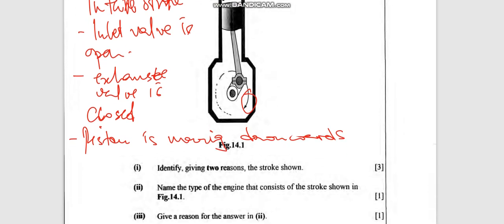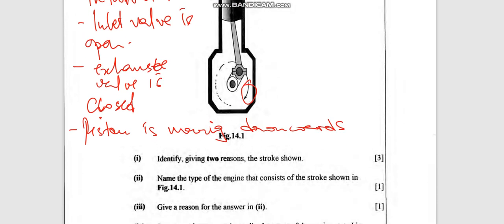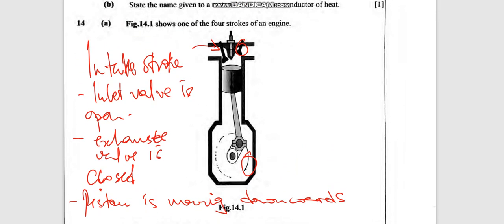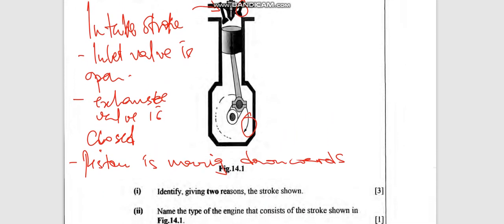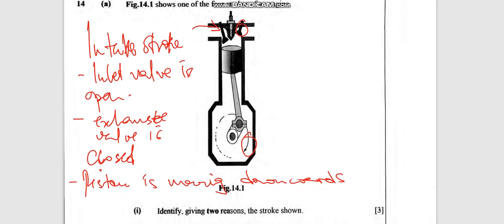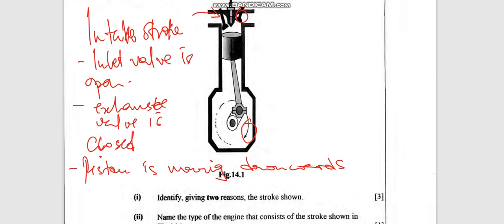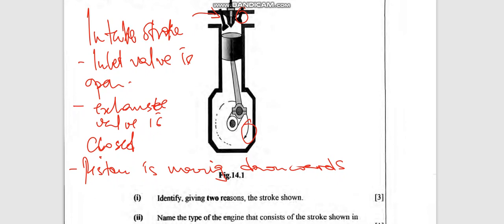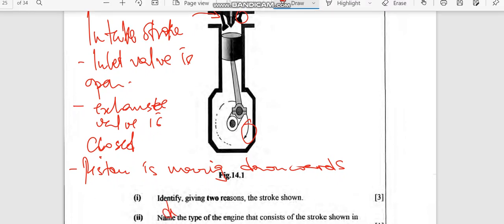Moving on to the next question, it says, name the type of the engine that consists of the stroke shown here. So this one is actually the diesel engine.